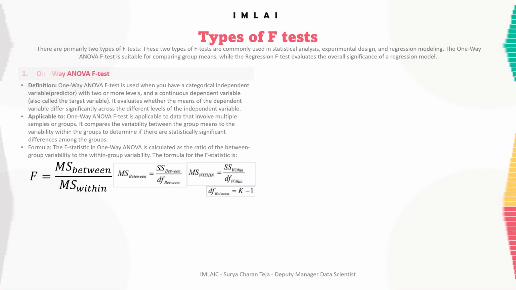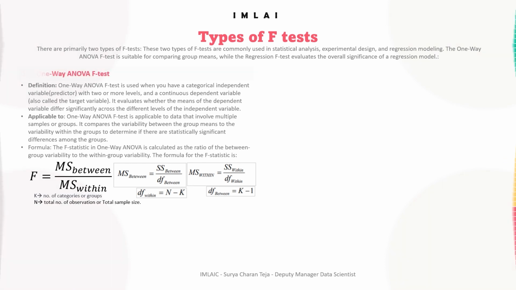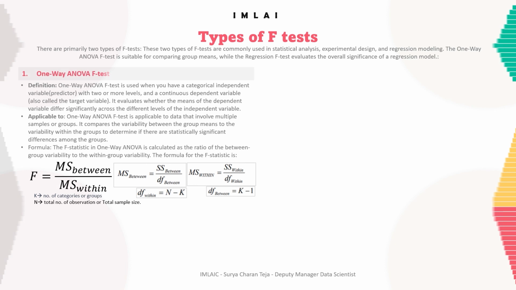Degrees of freedom between is equal to k minus 1, and degrees of freedom within is equal to n minus k. What is k? k is the number of categories or groups that the categorical variable consists of, and n is the total number of observations, or the total sample size. That's how we calculate the F statistic in the one-way ANOVA F test.